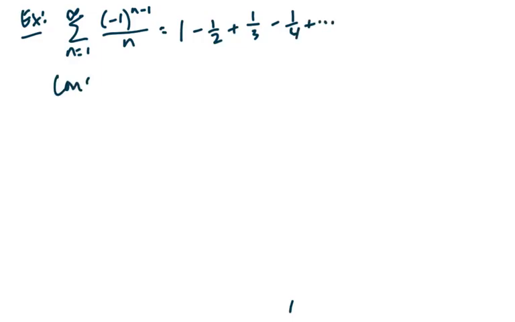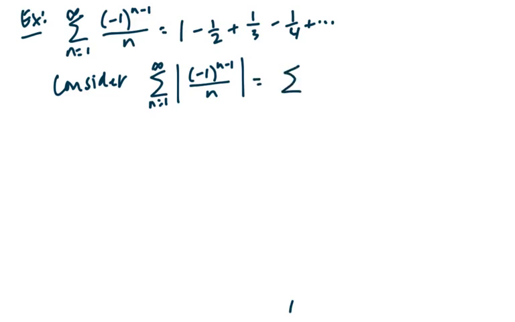So let's consider the absolute value of such. The sum of the absolute value of negative 1 to the n minus 1 over n. So that takes out the alternating series part. So we have the sum from n equals 1 to infinity of 1 over n.